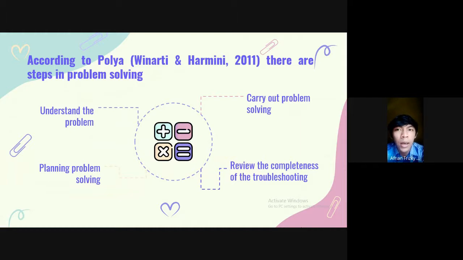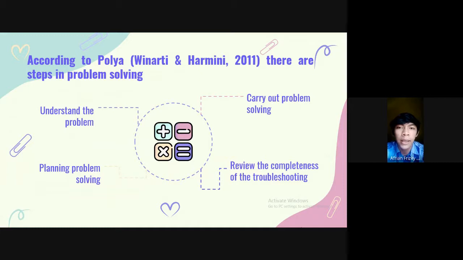At this step, the provision of heuristics aims to direct students to understand the problem. For this step, several actions are carried out, like state the problem, sketch a figure or something else, determine what to ask, and also understand the existing information.